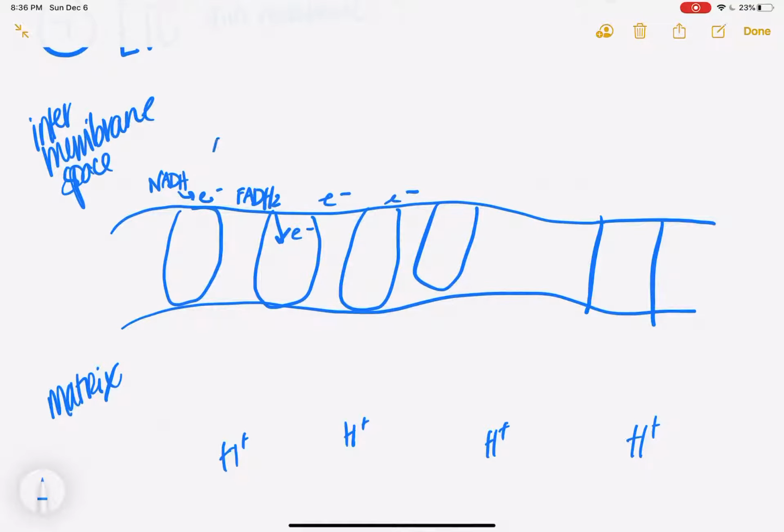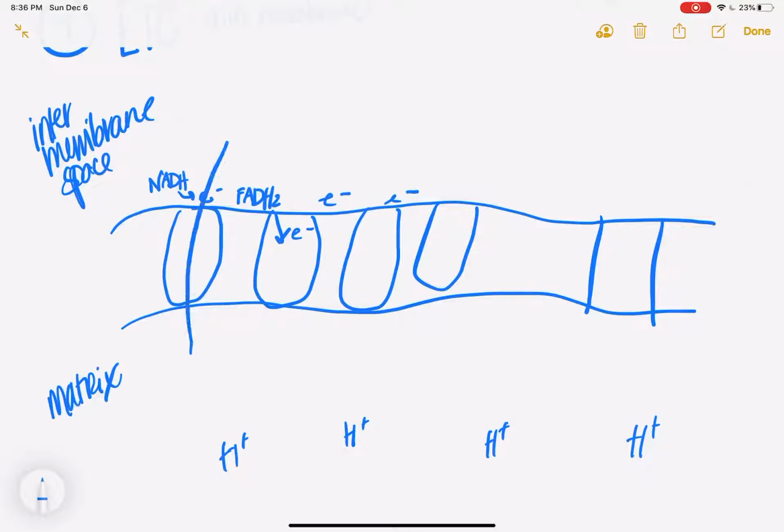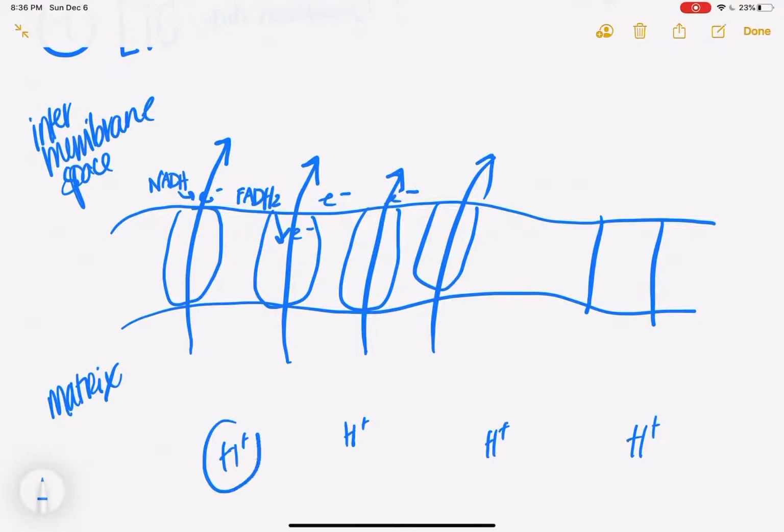These electrons are producing energy. Whoops, I drew my arrow the wrong direction. These electrons are producing energy that's going to cause these hydrogens to be moved out of the cell. Okay?